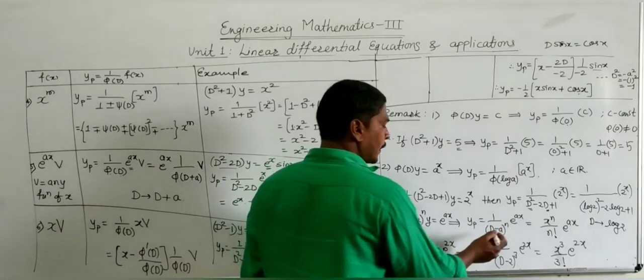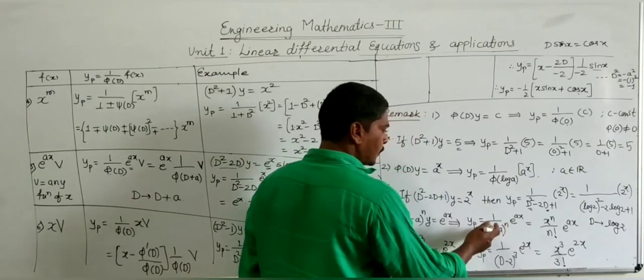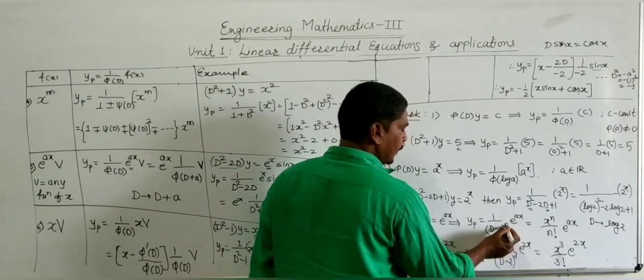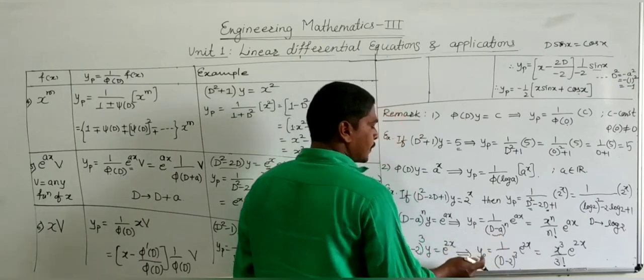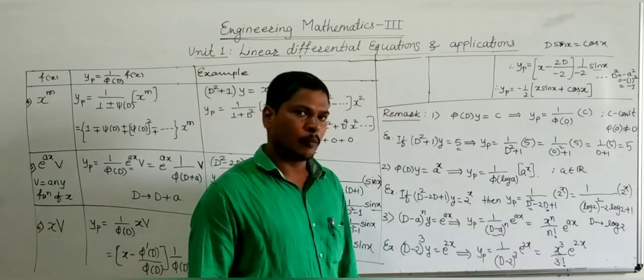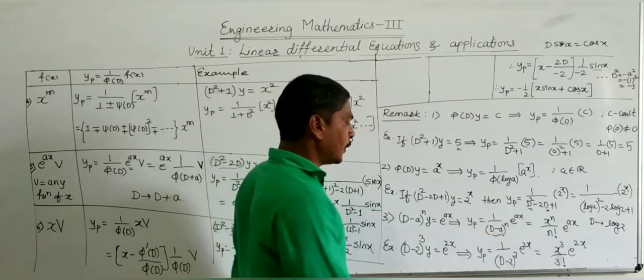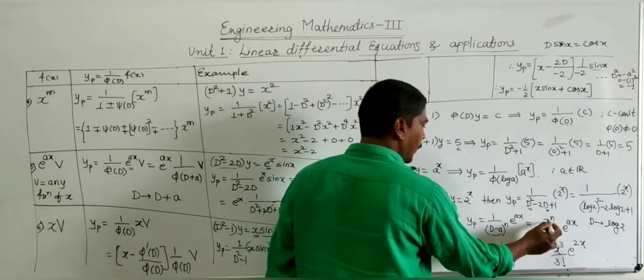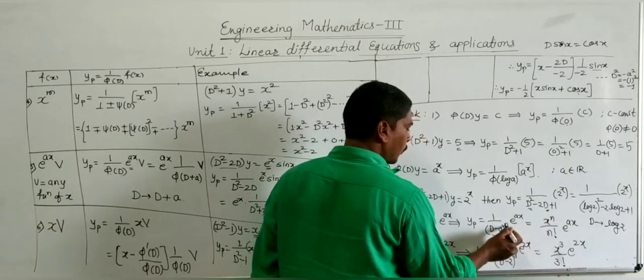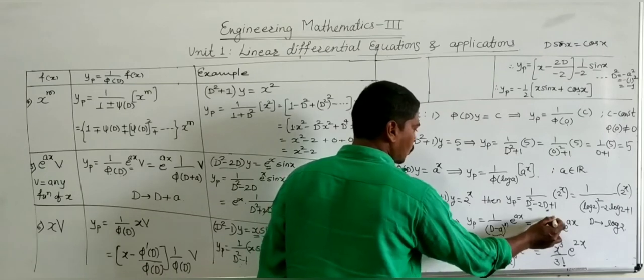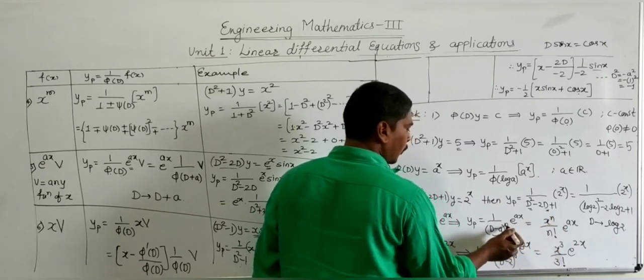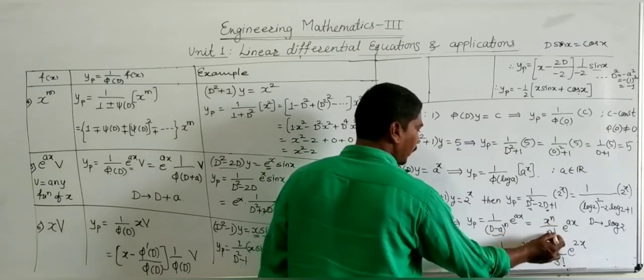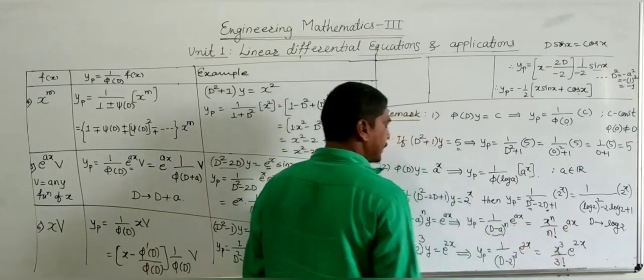Instead of differentiating, we can directly write using this remark, if the power is n and the bracket term is 0 by applying the case, then write x raised to n, divided by factorial of n, into this function as it is.